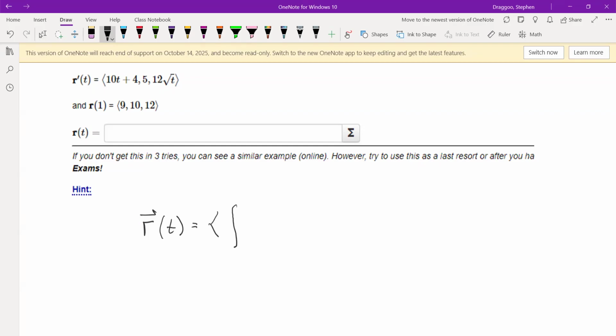I need the integral of 10t plus 4 dt. Let's not forget our dt's, or it'll be bad luck. The integral of 5 dt, and the integral of 12 square root t dt.